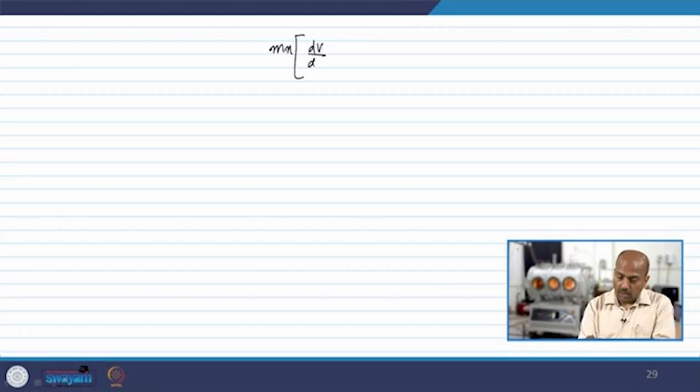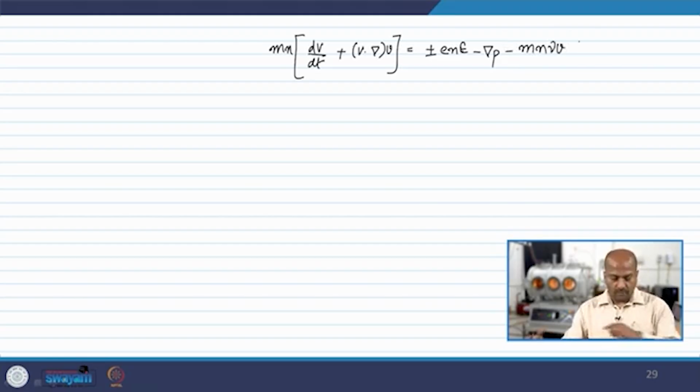So, dV by dt plus V dot del V is equal to plus or minus eNE minus del P minus M N eta V. The plus or minus symbol accommodates both the charges.